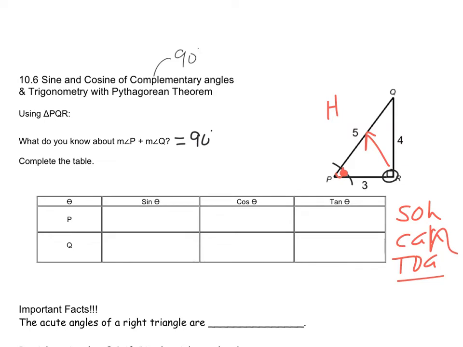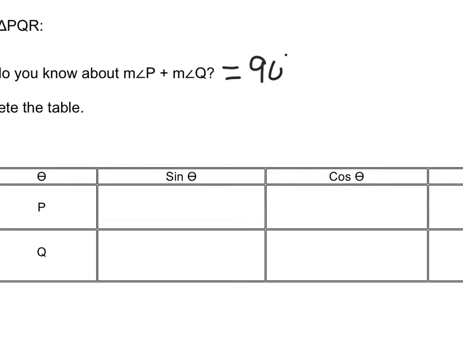All right. I draw an arrow from P because P is my reference, which means that 4 is my opposite. And then by process of elimination, 3 is my adjacent. So I know sine of P is my opposite over my hypotenuse, so it has to be 4 over 5.